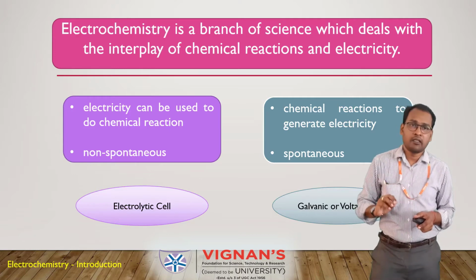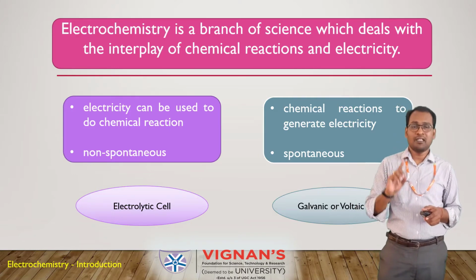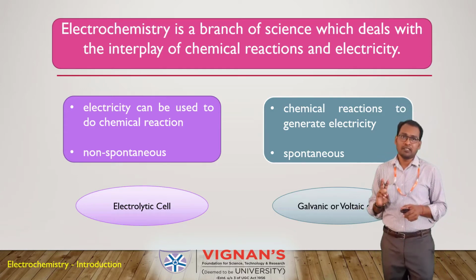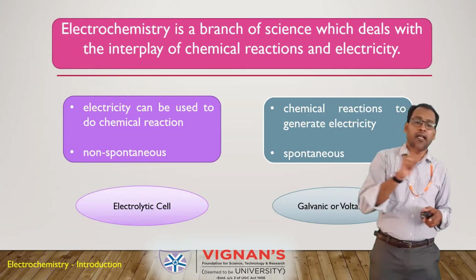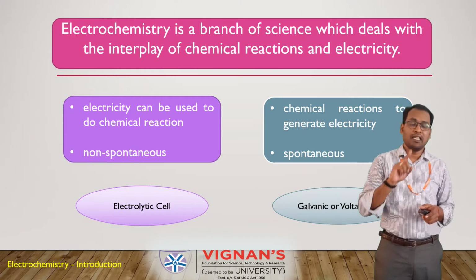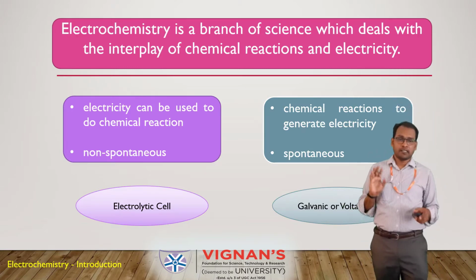By supplying electricity, we can force the reaction to happen. So, this is one process which comes under electrolytic cell. The second process is chemical reactions can be done to generate electricity, and this one will be a very much spontaneous process, and this will be followed in most of our galvanic as well as voltaic cells.